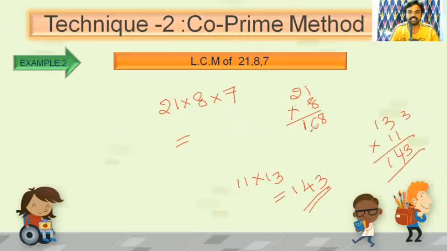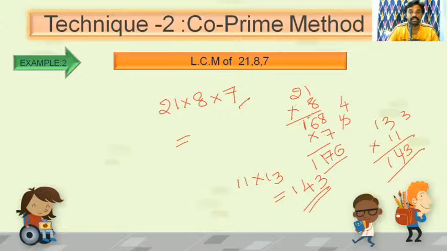And again just multiply with 7. 7 eights are 56. 7 sixes are 42. 42 plus 5 is 47. And 7 ones are 7. 7 plus 4 is 11.